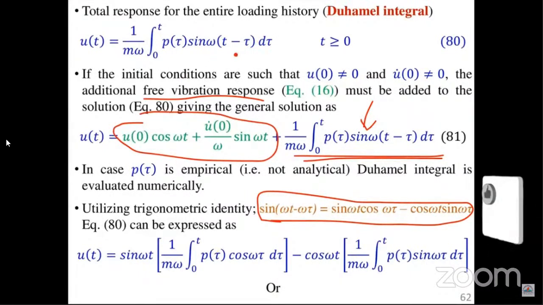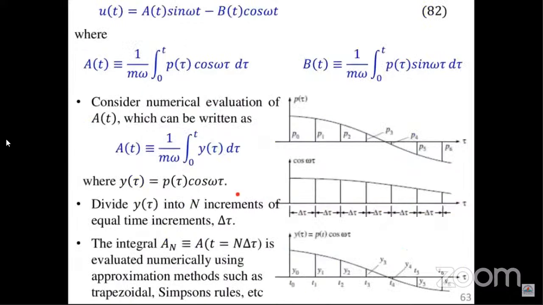This part here can be expounded using this trigonometric identity, so that we have sine and cos. Expanding it in this form, we can simplify it further to this form here. You see, it's a very simple form now.